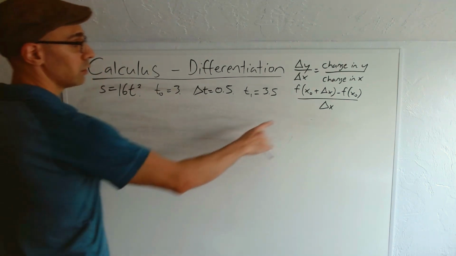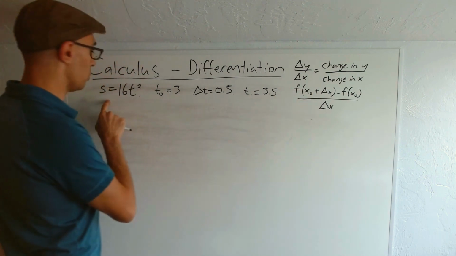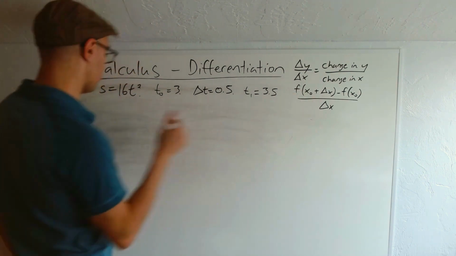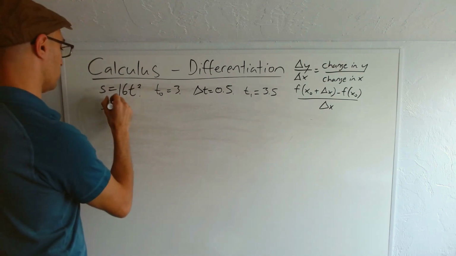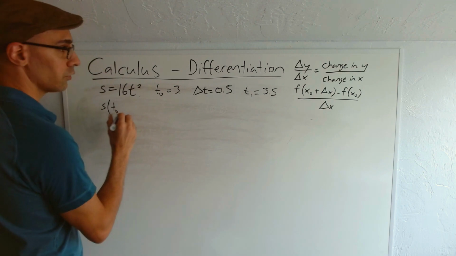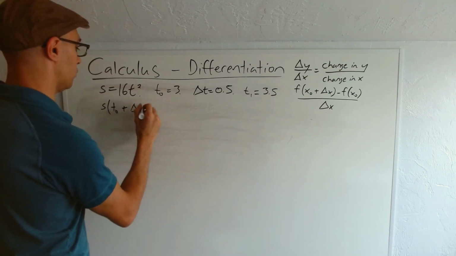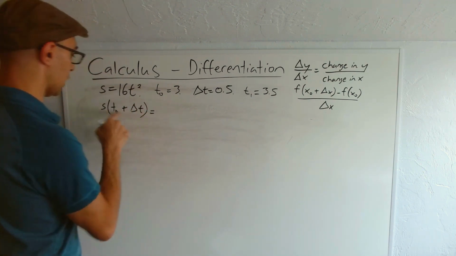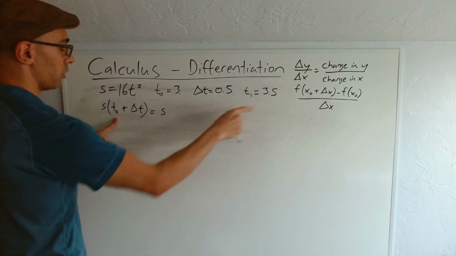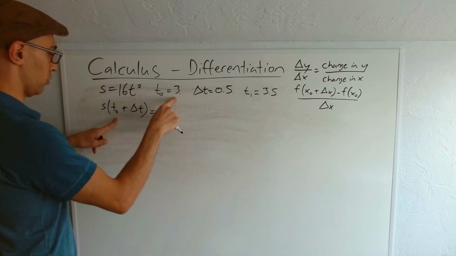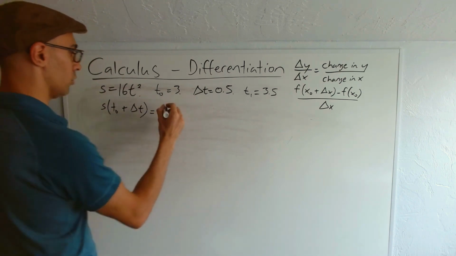So let's evaluate the value of s at this first location. So we want to know s at t naught plus delta t. That is to say, we want to know s at 3.5. So our initial value 3 plus our change, 3.5.